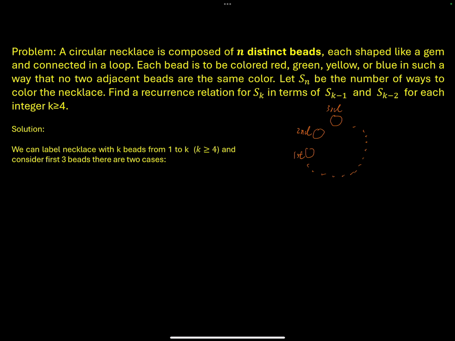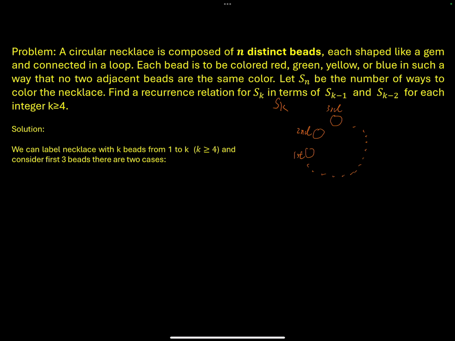We can label the necklace with k beans from 1 to k, k greater or equal to 4, and consider the first 3 beans. There are 2 cases. You can imagine this is the k-bean case, Sk. We want to color these k beans, and I have already labeled the first, second, and third bean.